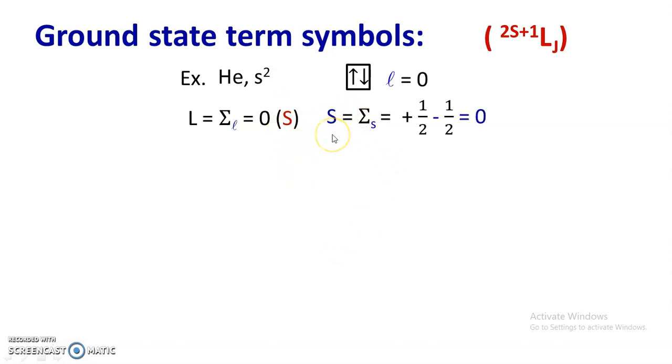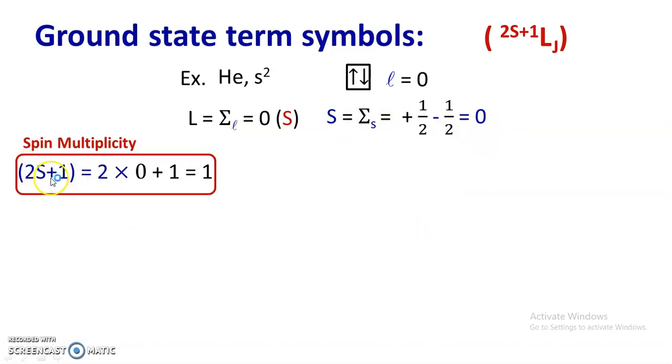Now the resultant spin quantum number is equal to plus half minus half. For the first electron the individual spin value is half, and for the second electron the individual spin value is minus half. So plus half minus half is equal to 0. This is the resultant spin quantum number, equal to 0. Now we can find the spin multiplicity from this resultant spin quantum number. So 2S plus 1 is equal to 2 into 0 plus 1, that is equal to 1.